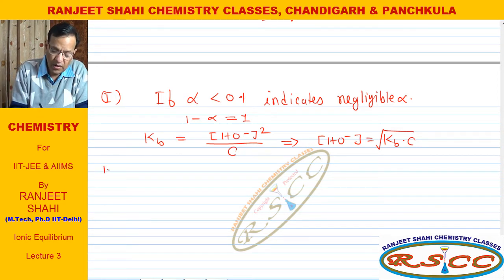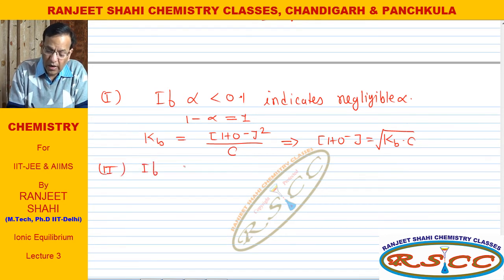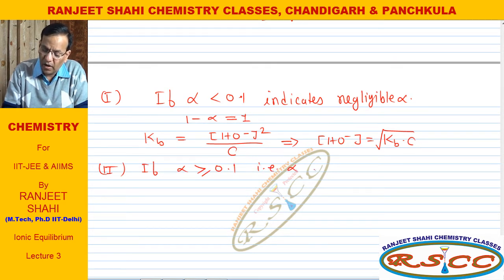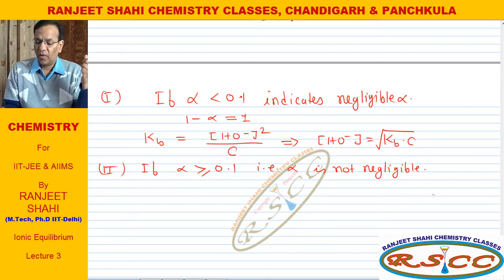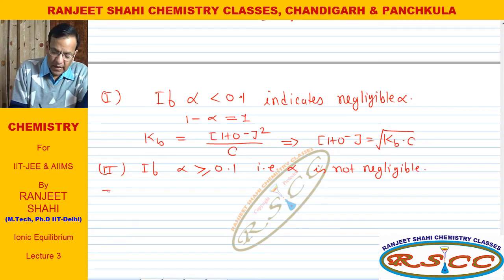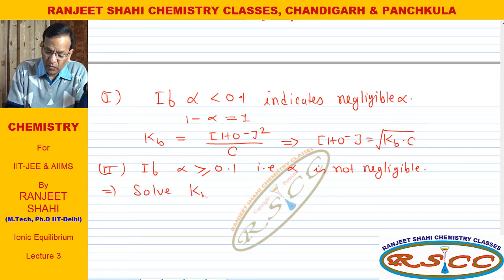But if alpha comes out to be greater than or equal to 0.1, that is, alpha is not negligible, then solve the expression Kb, which is C alpha square upon 1 minus alpha.